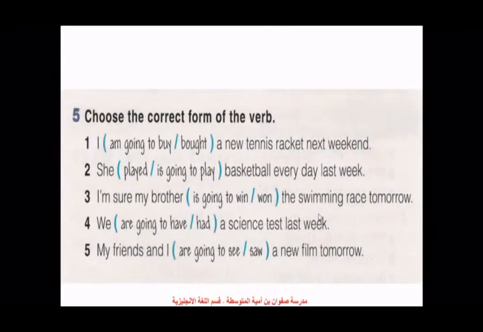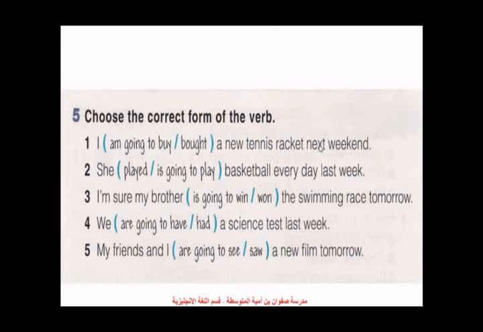Now let's look at this exercise and try to answer it together. Choose the correct form of the verb. The first one, I am going to buy or bought a new tennis racket next weekend. When we read this sentence, we can see that here we have the word next.